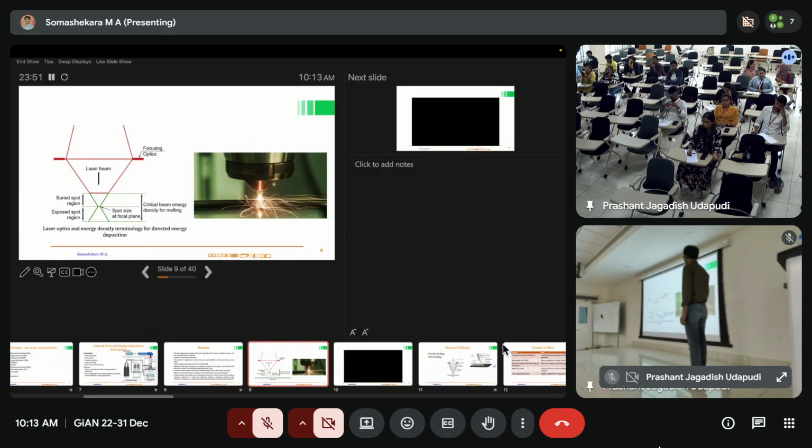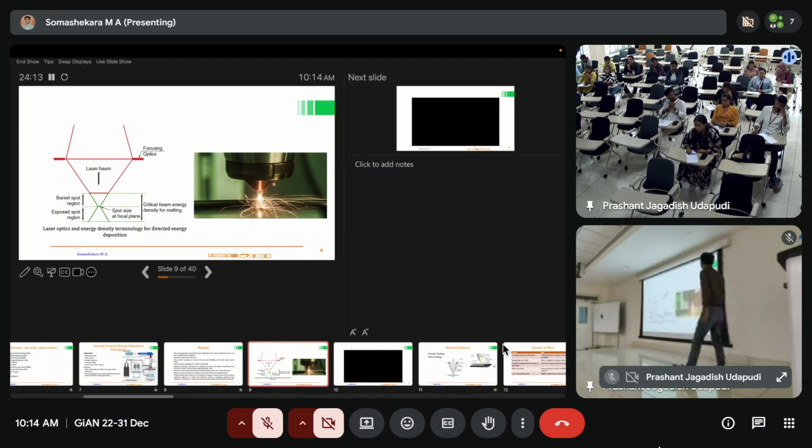You have the spot here, where the powder is coming and interacting. You may sometimes have it under focused, or sometimes over focused also, right? So this is how the beam looks up close.